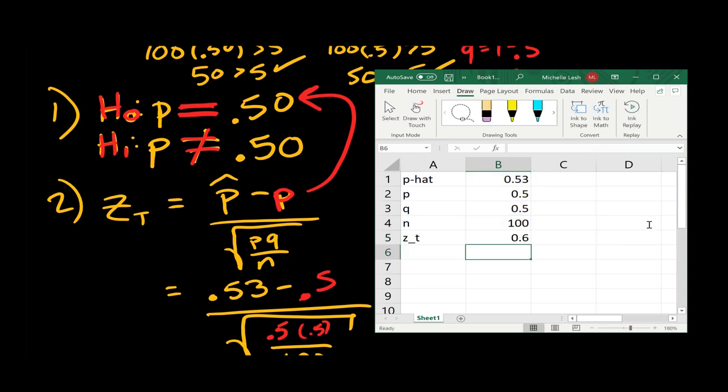And I get 0.6. So there's my test statistic, 0.6. If I were to collect a different sample, 55 over 100 or something like that, the test statistic will automatically update. That's why it's nice to use Excel.